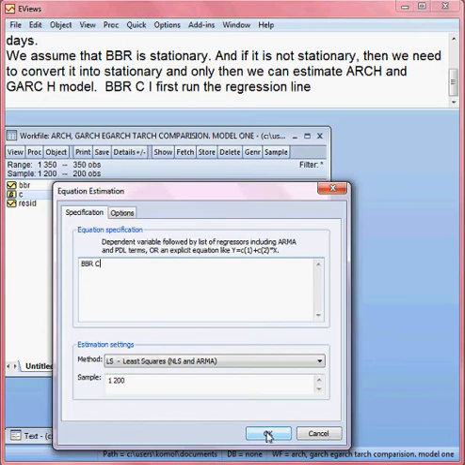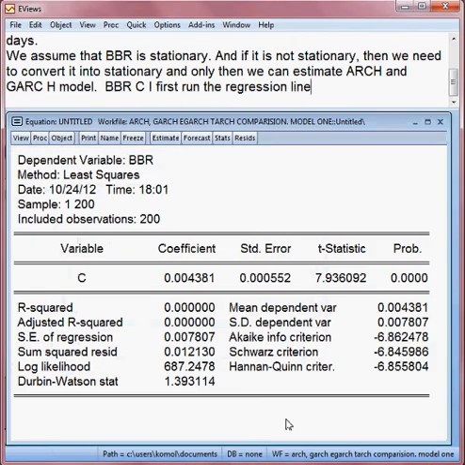Okay, I run the model now, and our sample size is 200, meaning 200 days of data. Okay, then I run the model. The dependent variable is BBR, Bangladesh bond return, and there is the constant.